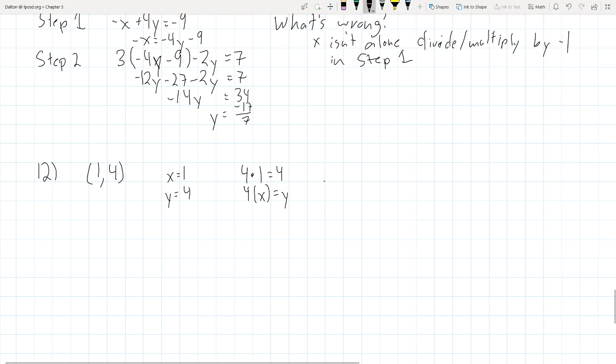And then I could also write, okay, what's another way that I can get from 1 to 4? Well, I can go 1 plus 3 equals 4. And so I can go x plus 3 equals y. And now you have two equations, and you would write these. You could go 4x equals y, and x plus 3 equals y. That's kind of an easy way to do it.